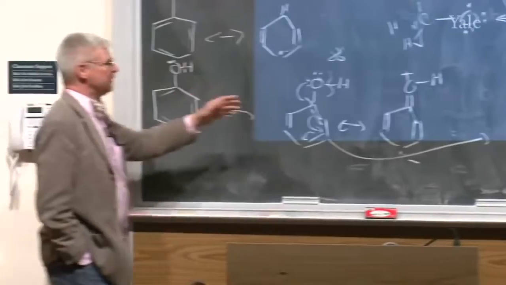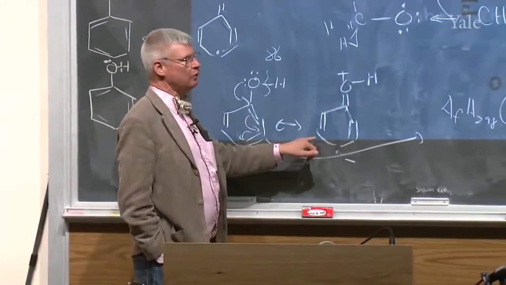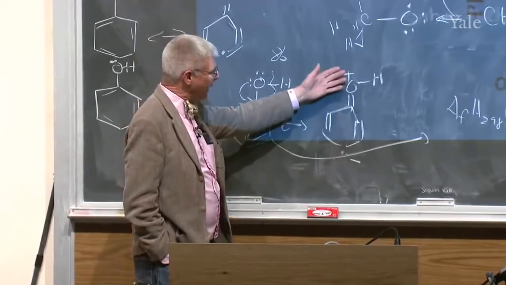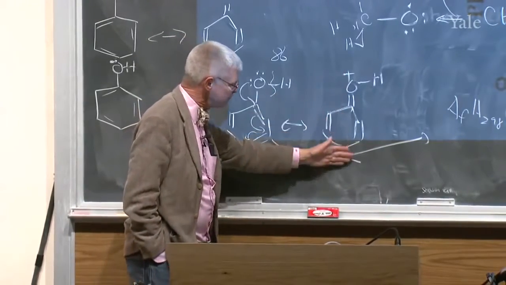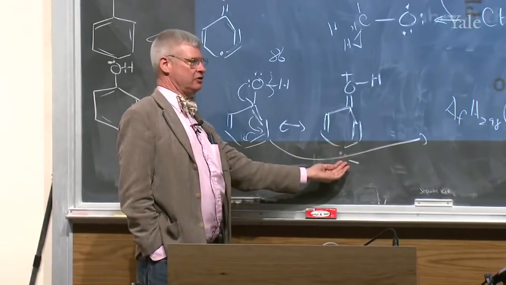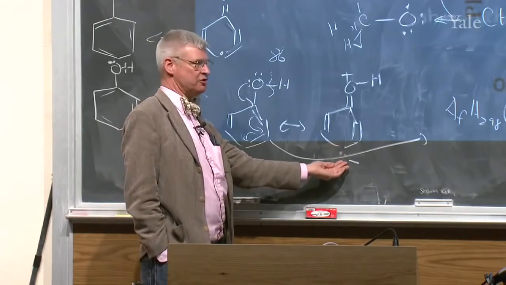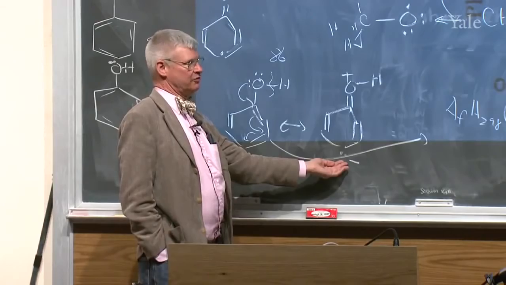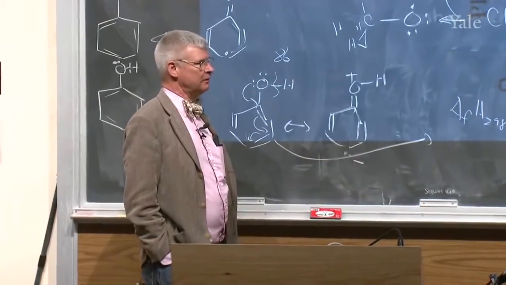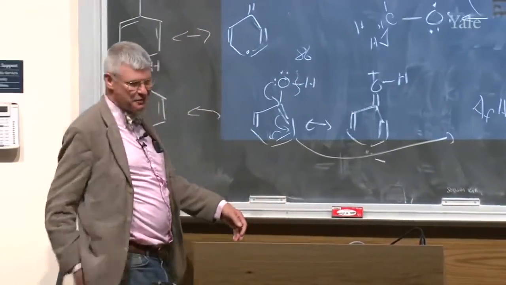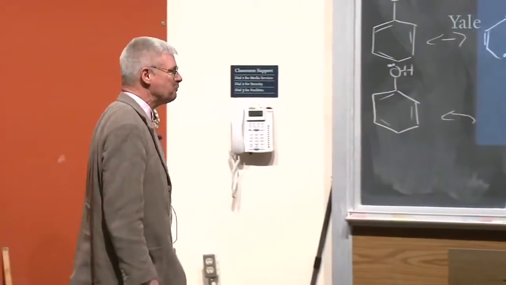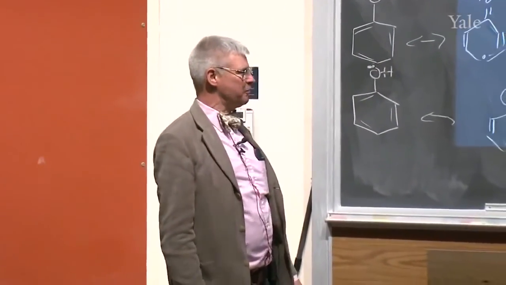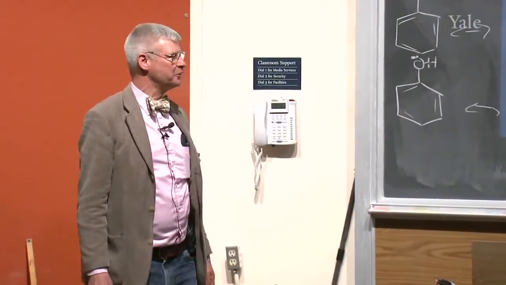If resonance forms like this are important, then as a consequence you have to have charge separation. I think these are high energy resonance forms, and if they're high energy resonance forms, they don't contribute to the superposition of the wave function. That's because you believe in resonance. Well, okay, because I'm a valence bond guy. But what's true is this 86 kcal per mole. Nothing could be done about that.